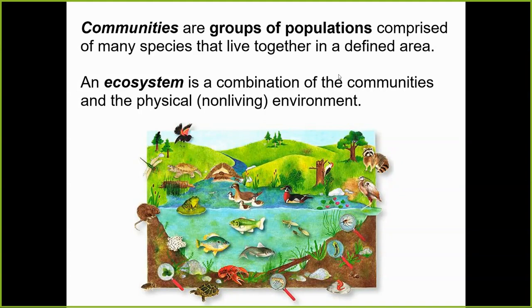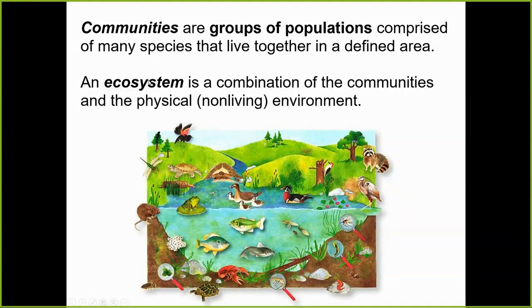We definitely have some squirrels. And this time of year, we even have geese out in the courtyard. So I have a little courtyard community. There are a bunch of different populations: squirrels, birds, trees, different grasses, bushes, and flowers, that all live together in a defined area, specifically the courtyard. Okay?